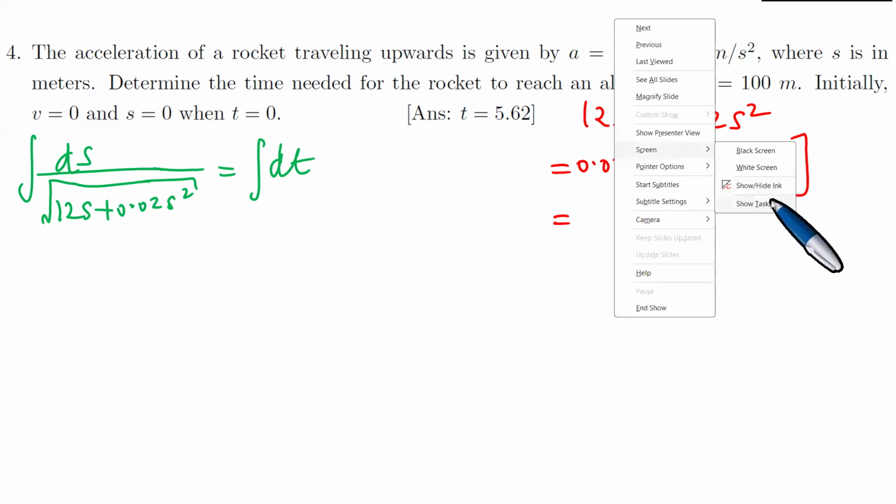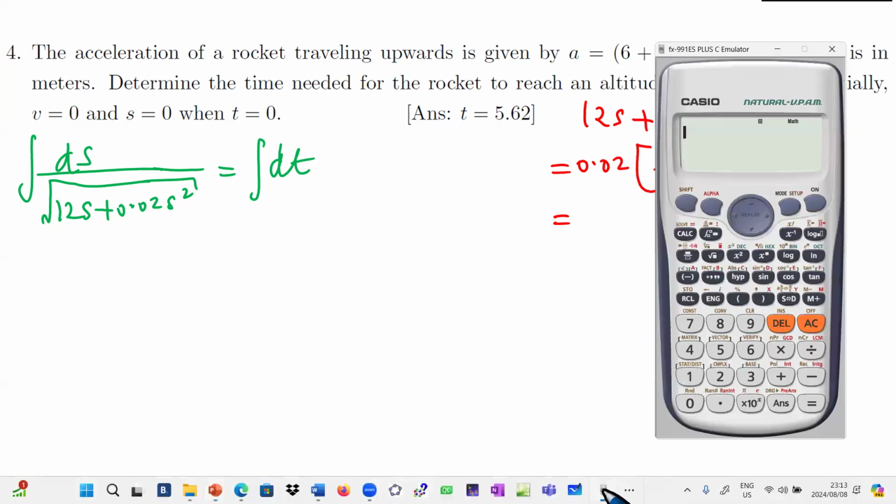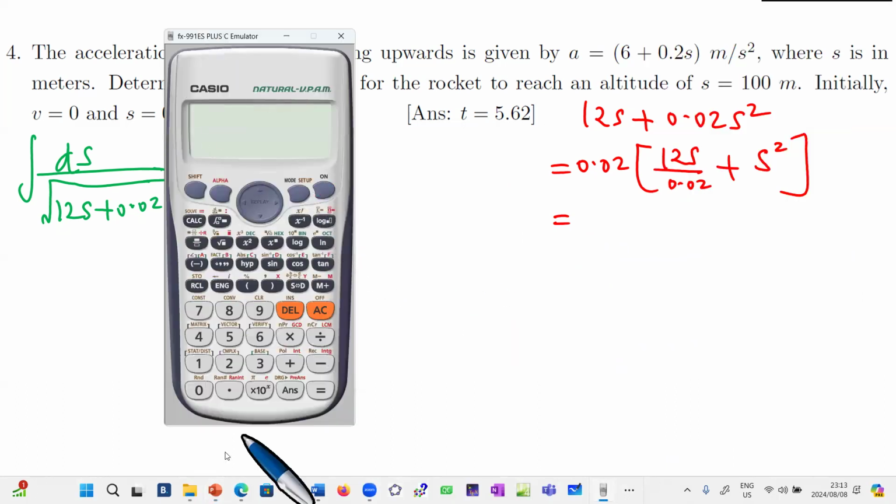So we perform further calculations. Let me see if we have the calculator. Okay, by good luck, we have the calculator launched. So now we can divide 12 by 0.02, it's exactly 600.